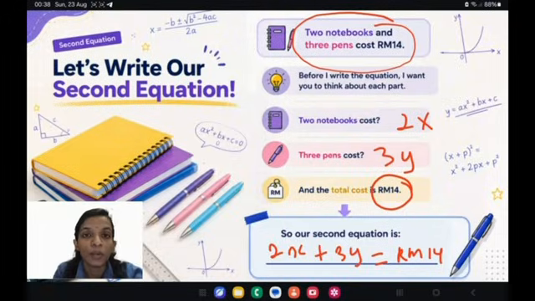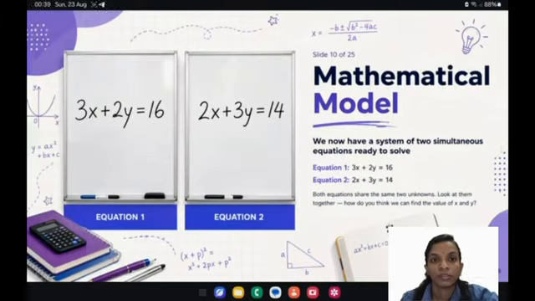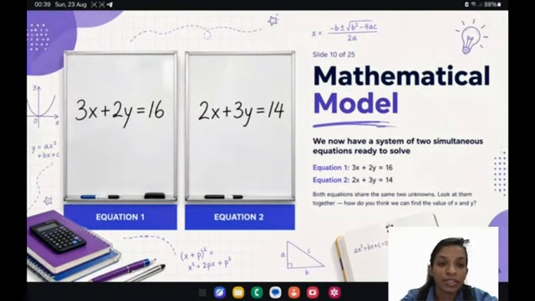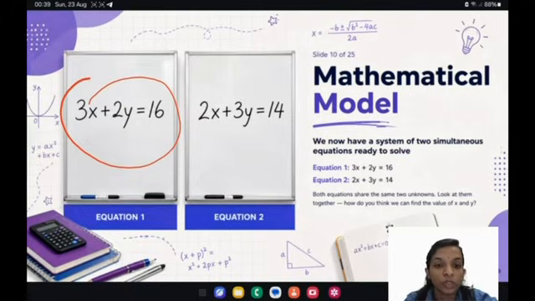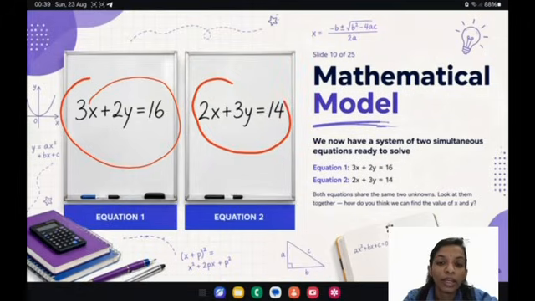So now let's step back and look at what we have. Our real life situation has now become two mathematical equations. The first equation is 3x plus 2y equals 16. The second equation is 2x plus 3y equals 14.